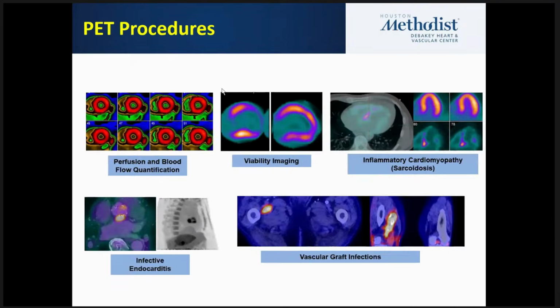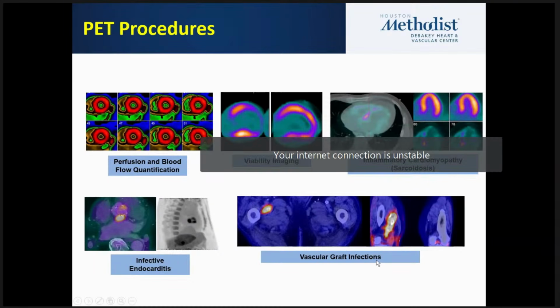So these are some of the procedures that we do with cardiac PET. Primarily, our main working procedure is perfusion and blood flow quantification, but in our lab, about 20+% of our procedures will utilize FDG, looking either at viability imaging, inflammatory imaging, infections, and we even extend it to vascular graft infections, and we have collaboration with our vascular surgeons who look for these routinely using cardiovascular PET.